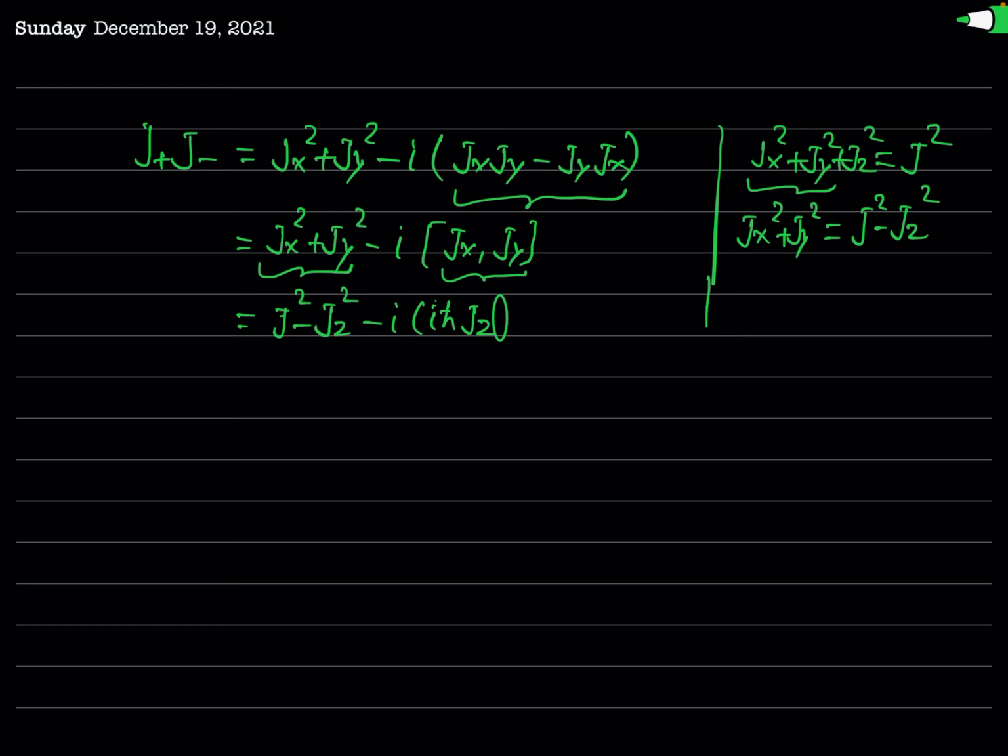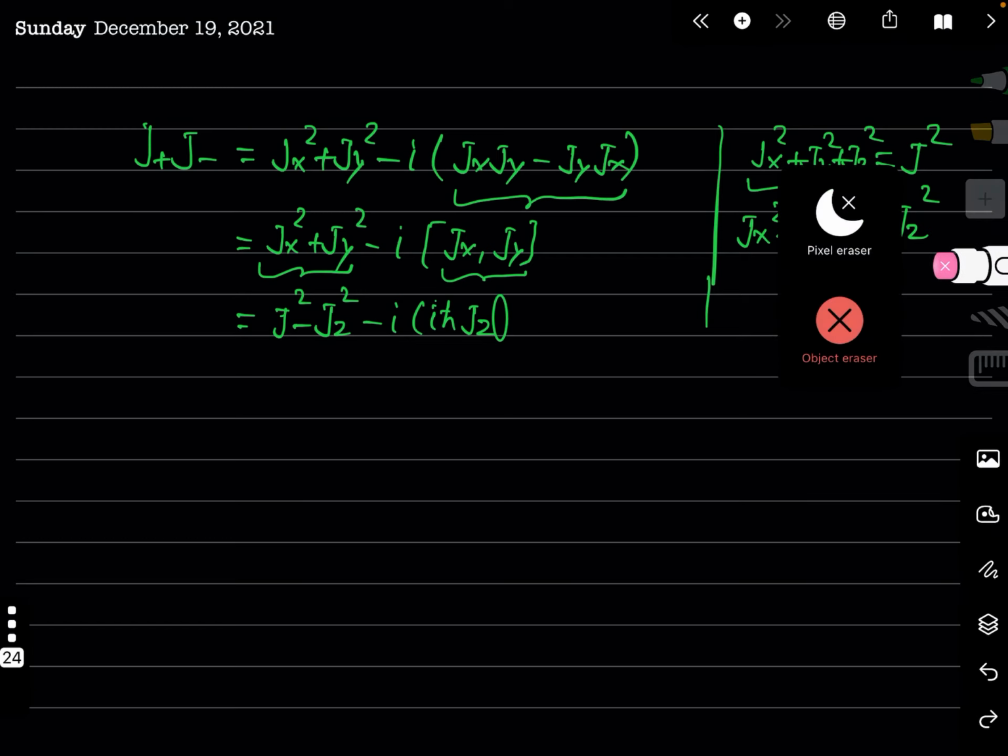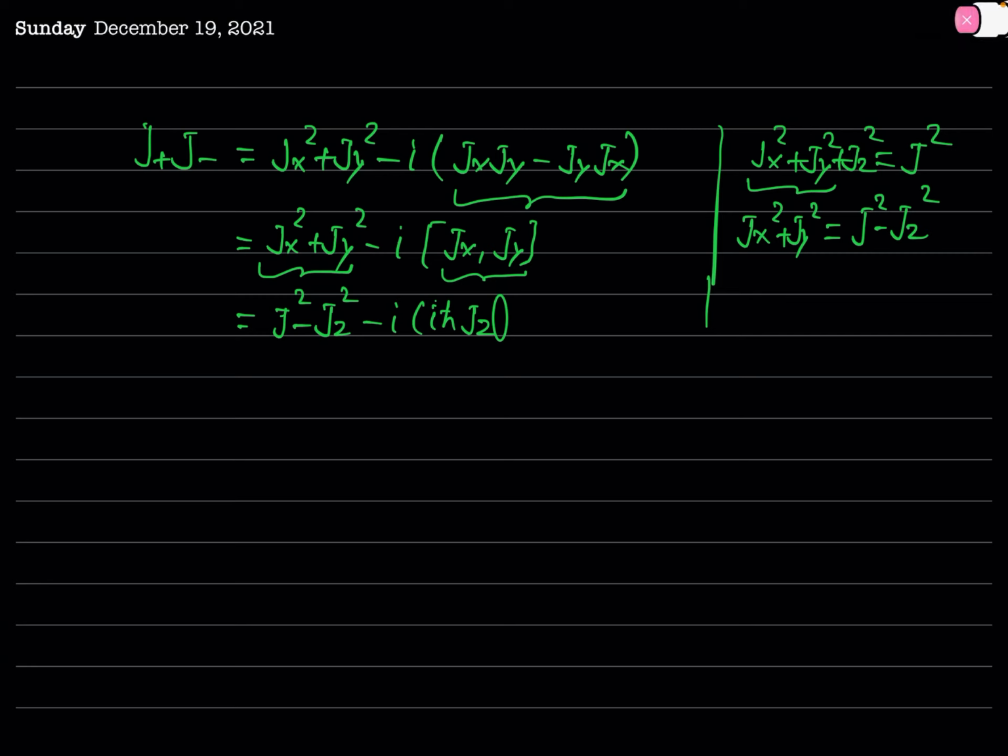Sorry, there is some problem in the pen. Now see it. Now this i square will be minus 1, and minus is here already, so this will be plus 1.